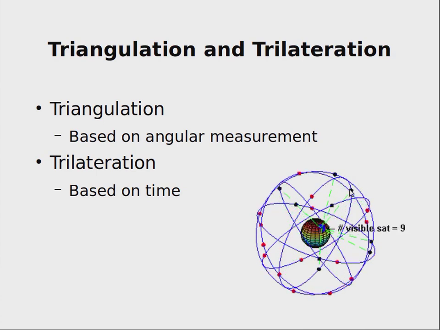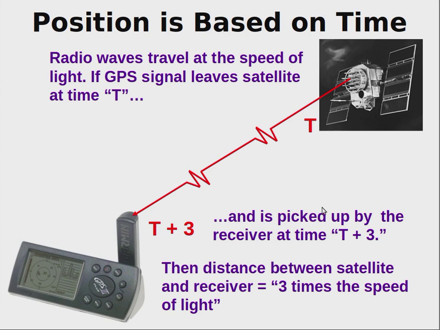But in GPS, what is actually happening is that there are these satellites with very well-known orbits, and they send precise time to the world, and this time has a precision of picoseconds or nanoseconds.